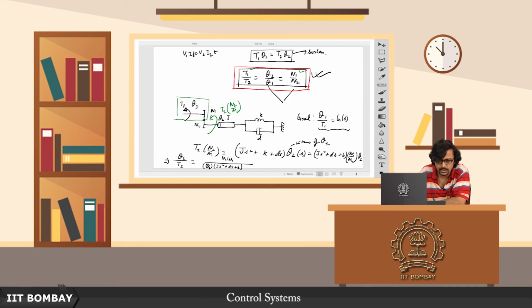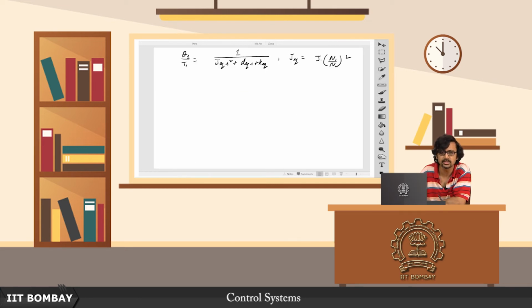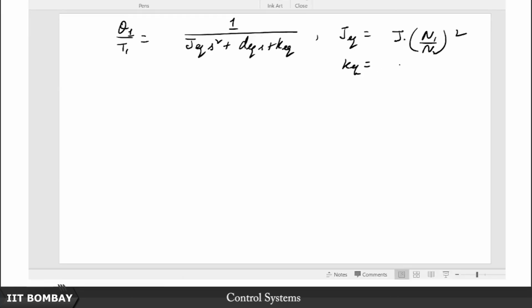So each of these terms J, D and K get multiplied by N1 by N2 squared. So similarly K equivalent is equal to K times N1 by N2 squared, and D equivalent is given by D times N1 by N2 squared, right. So this is very simple.